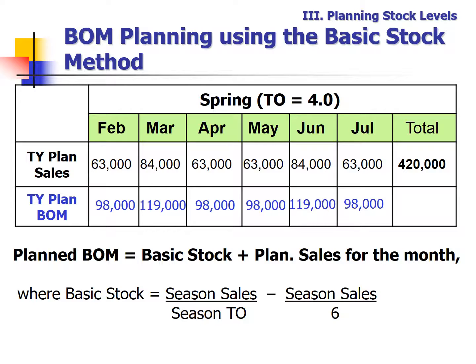The basic stock is applicable constantly through all 6 months, and then the amount of the BOM stock will fluctuate based on your sales. And because you have 4 months that have the same planned sales, their stock levels are planned to be the same too. And March and June are the same. They are sharing the same sales amount, right? So their stock levels are going to be the same too.